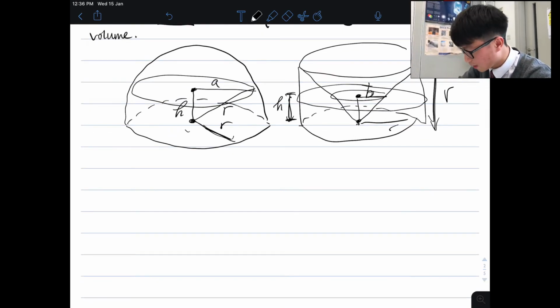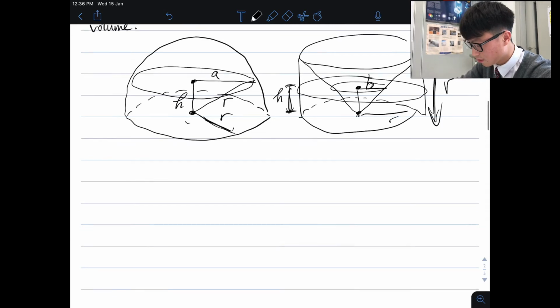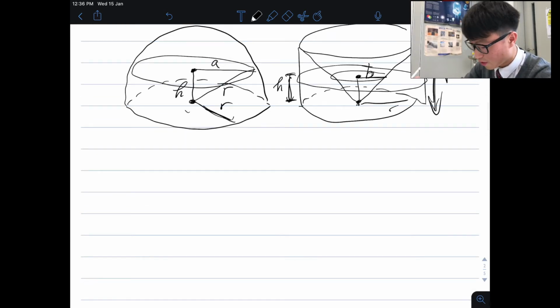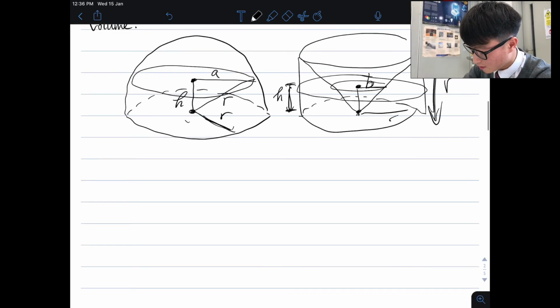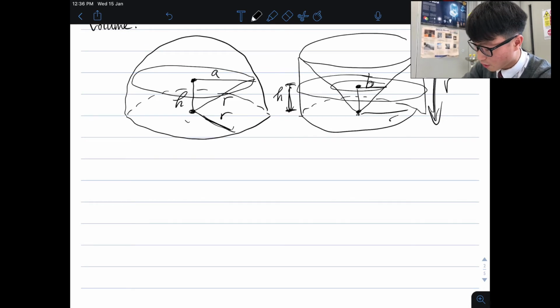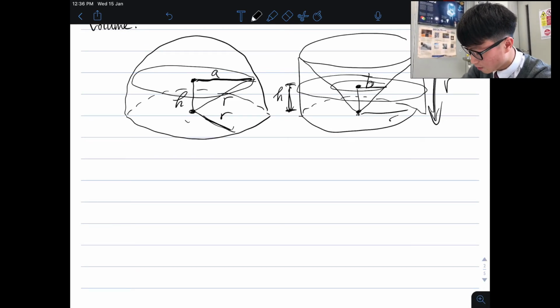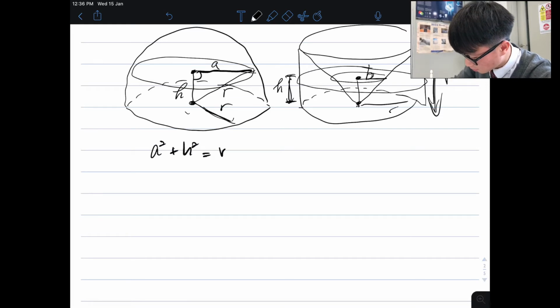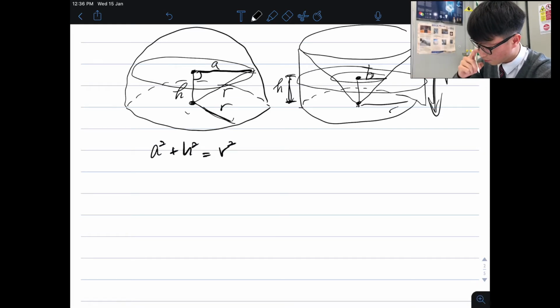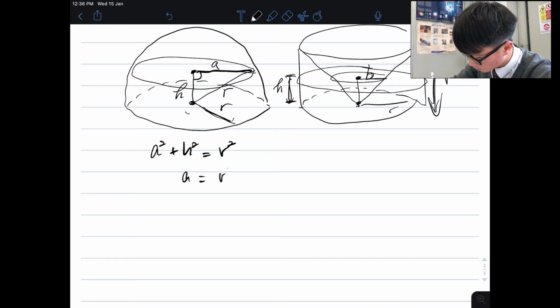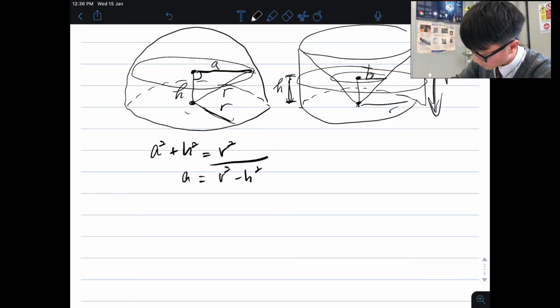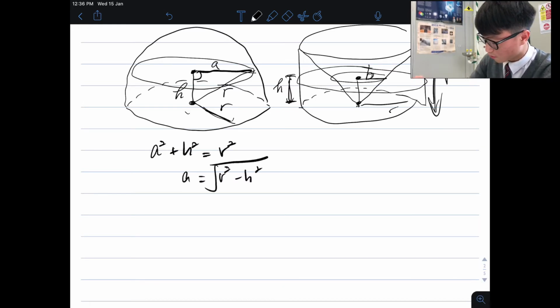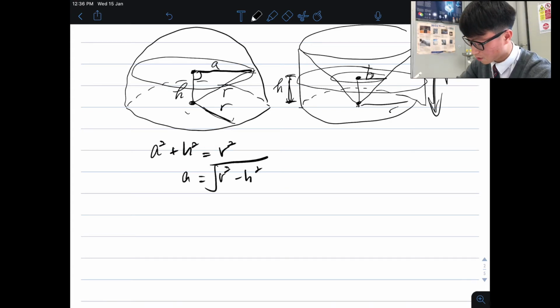Supposing the cross section of the hemisphere to be a here, by the Pythagoras theorem, a squared plus h squared equals r squared, and therefore a is equal to the square root of r squared minus h squared.